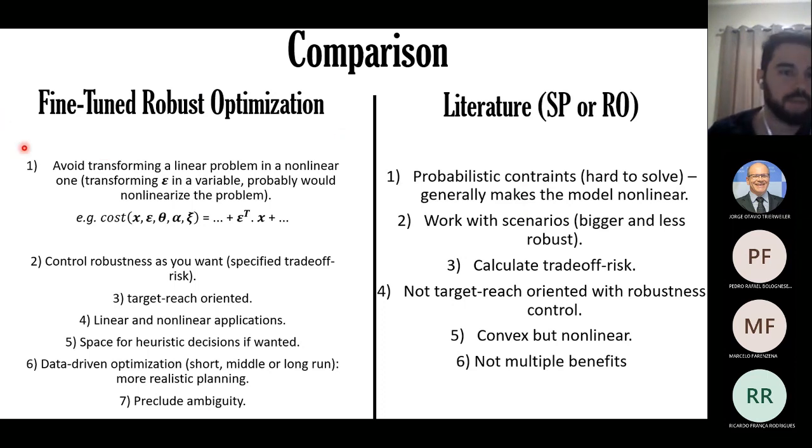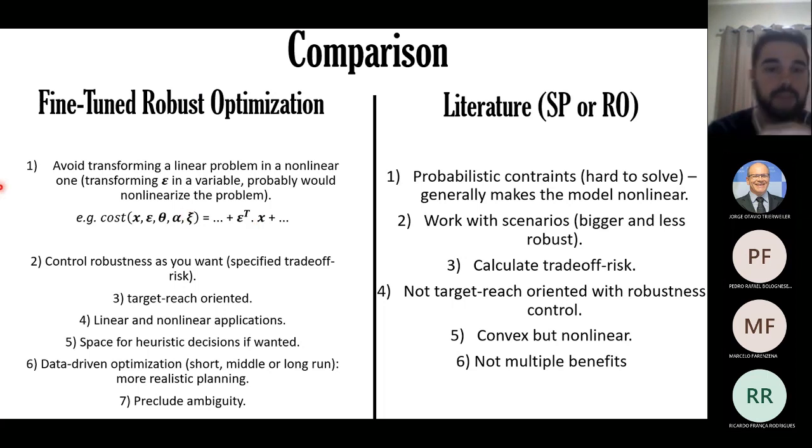And based on that, the idea was, first, you are going to avoid transforming a linear problem into a nonlinear one. And this is very important because, for example, if we see this simple equation here, this objective function equation here, we can think, hey, if we are optimizing epsilon, why don't I just let it be a variable?